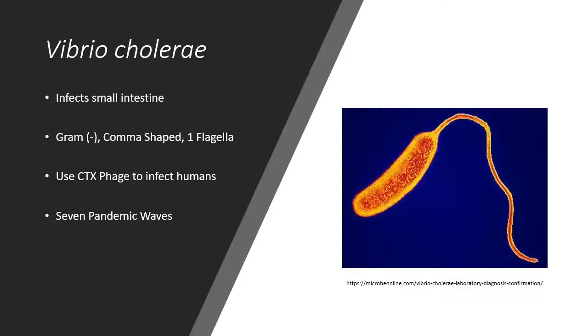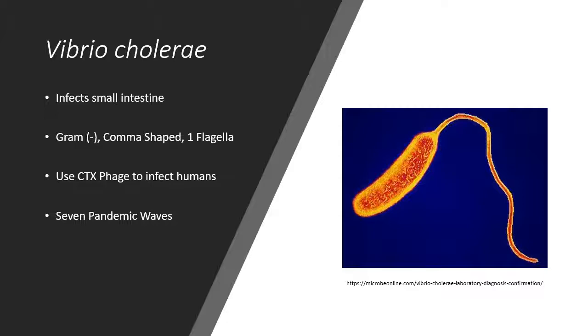All right, to begin the presentation, I just want to start off with a little bit of background on what Vibrio cholera is. Vibrio cholera is a small bug that's part of the cholera pathogen that infects the small intestine. It is a gram-negative pathogen in the shape of a comma and has one flagellum. The flagellum is what it uses for motility.